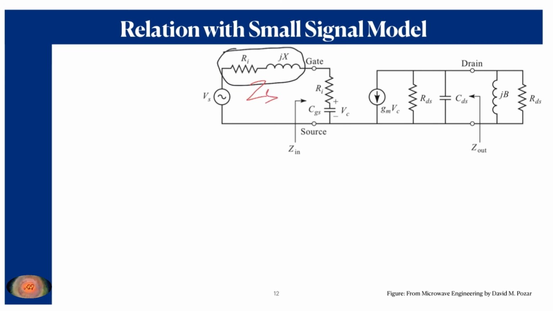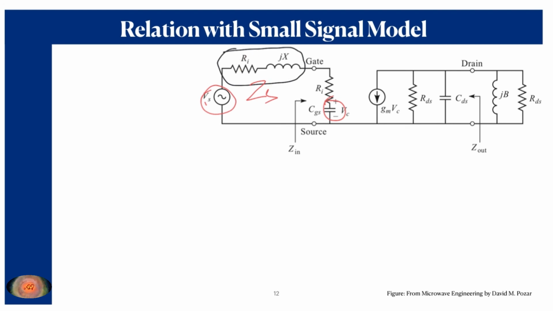Since the high frequency model of the FET amplifier includes this capacitor CGS, in order to get the maximum available signal from the input voltage, we should apply a conjugate matching over here.